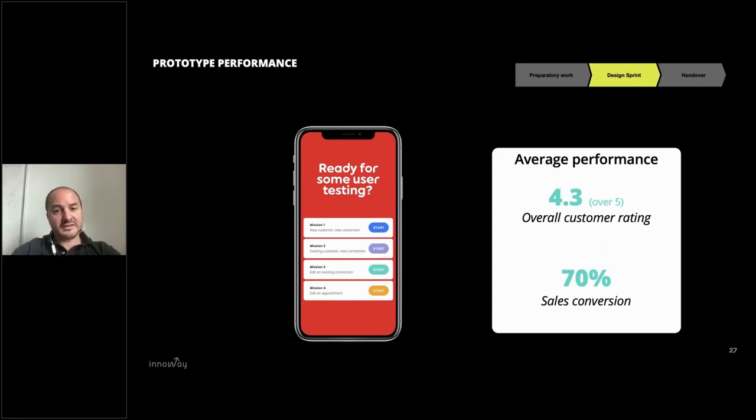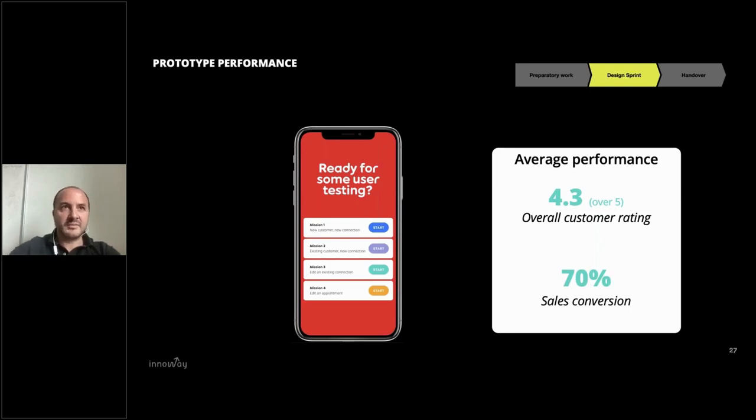Another important thing that you need to define on day four is what are the scenarios or the user cases that you're going to be evaluating. When doing a prototype, you need to define what it is that you want to improve, and that's defined by the KPIs and the scenarios.